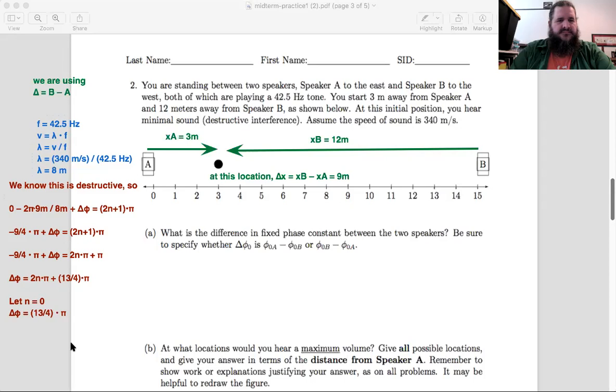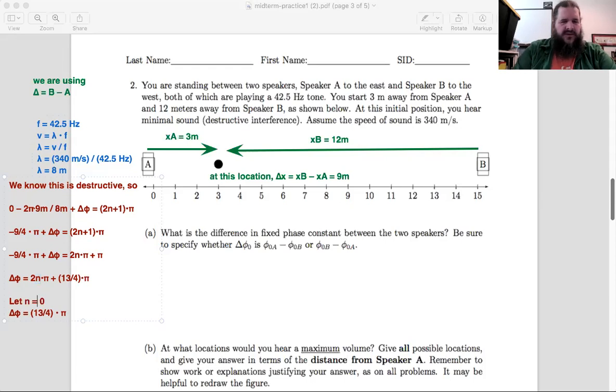I think this is what you're saying. I ended up saying that delta phi equals 5 pi over 4. Yeah, that would work. Here we used 0 for n. What's the next whole number less than that? Negative 1?